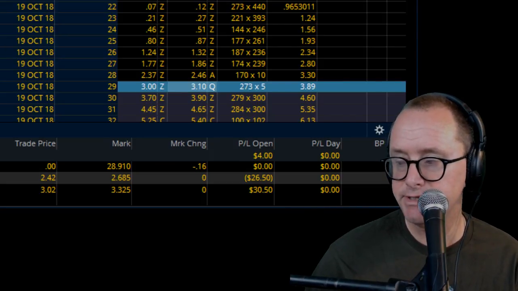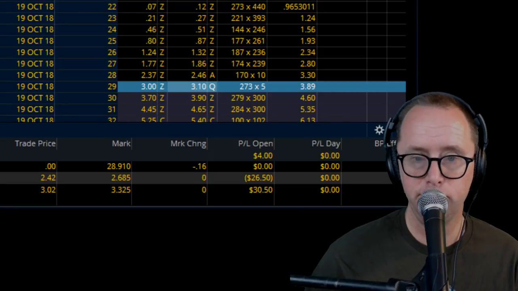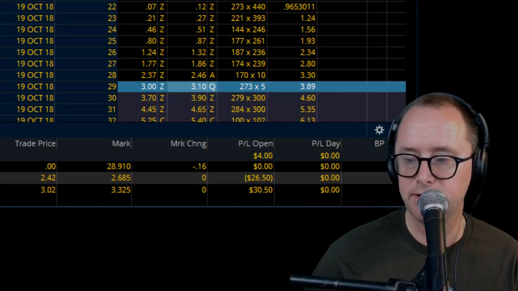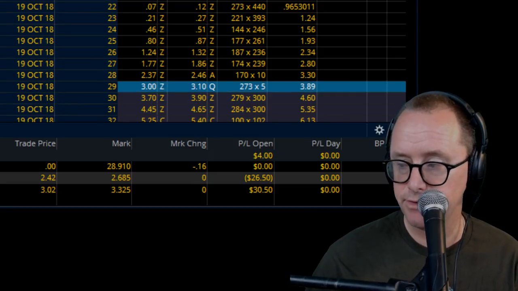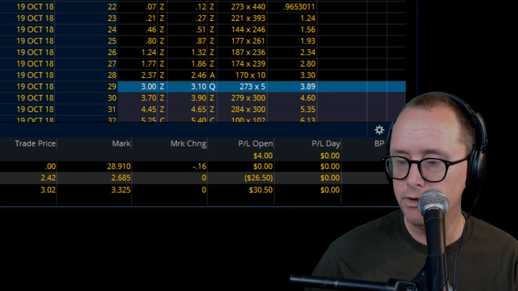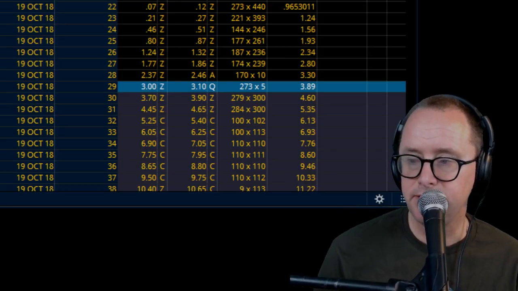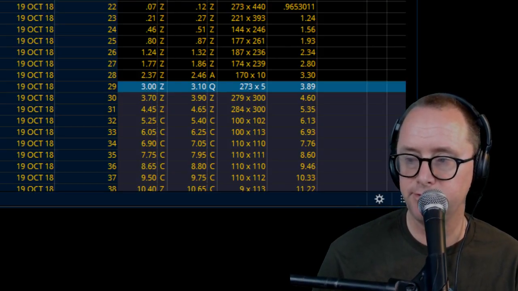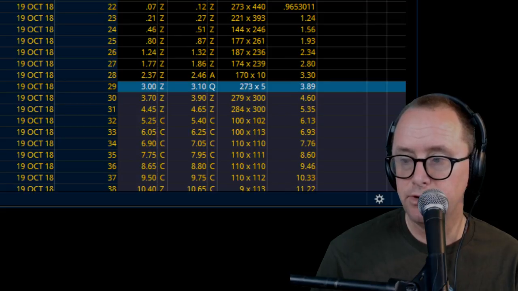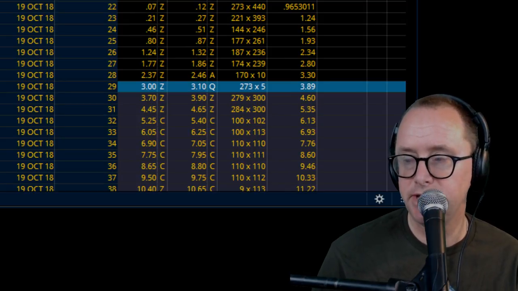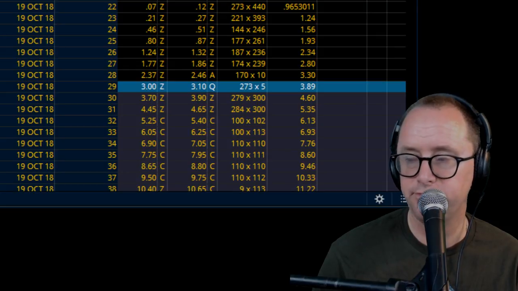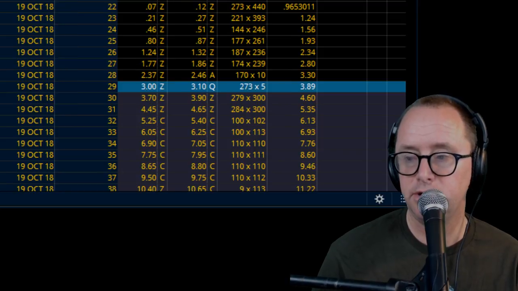And how is the spread going to move from day to day? That was the other question that the viewer had. Right now it's 310, even though the spread is a complete winner. Over the next 47 days, this is slowly going to move to $4 as long as we stay below 29.